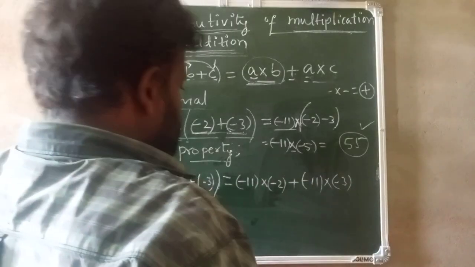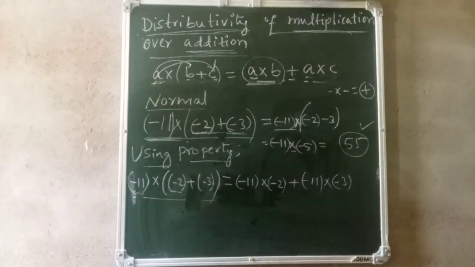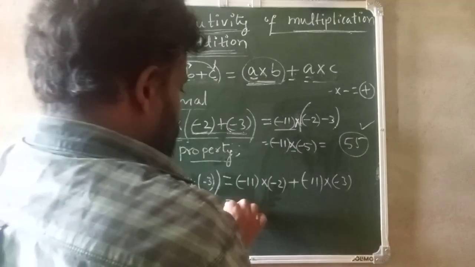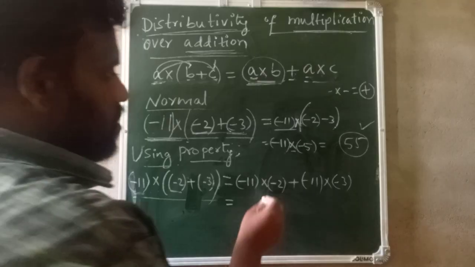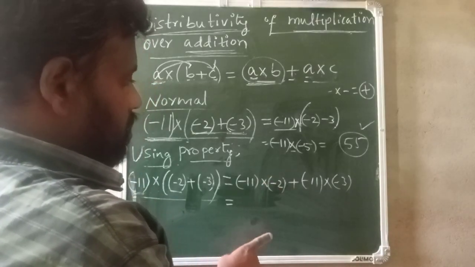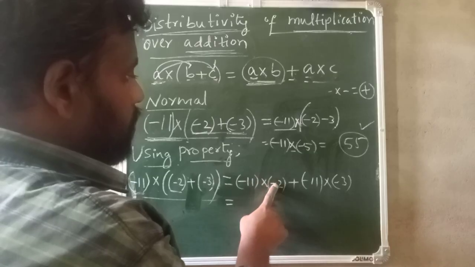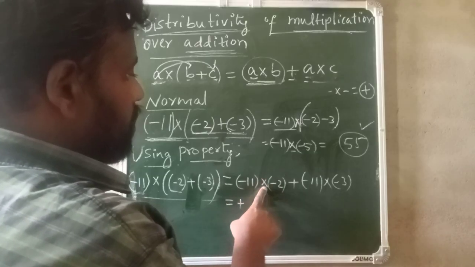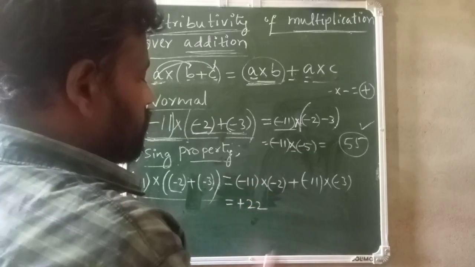Now we need to simplify this. Okay. Is equal to. So into is there, we have to multiply. First multiply the signs. So minus into minus is plus, 11 into 2, 22.